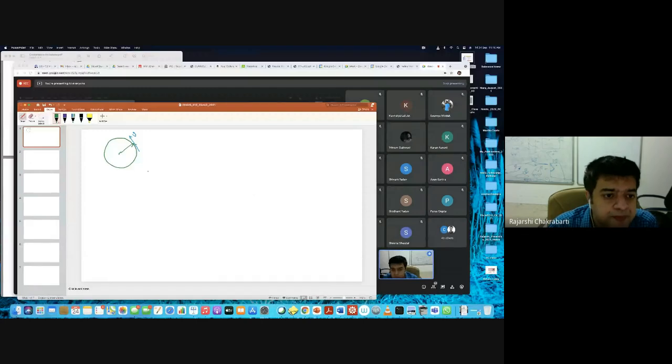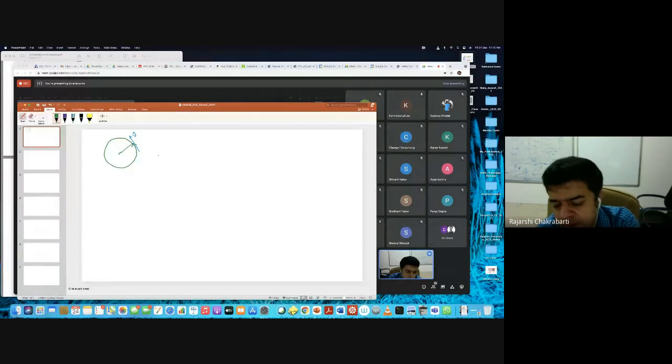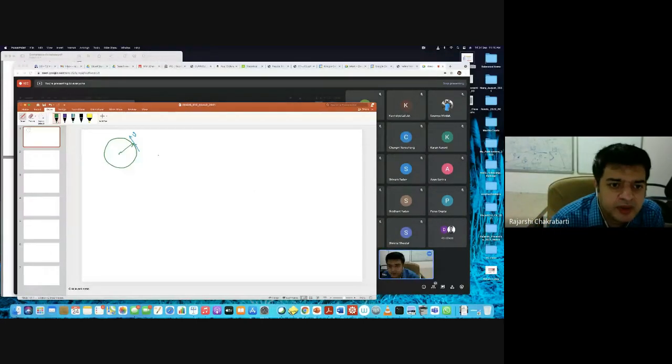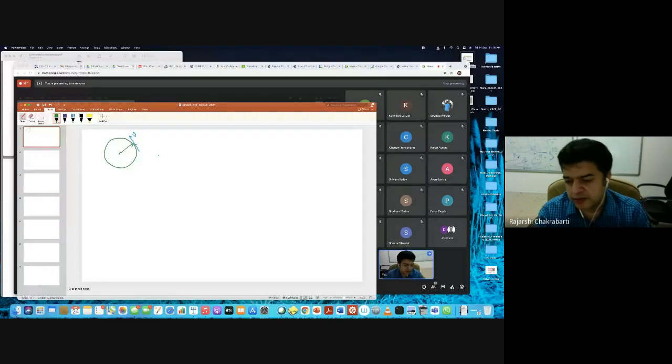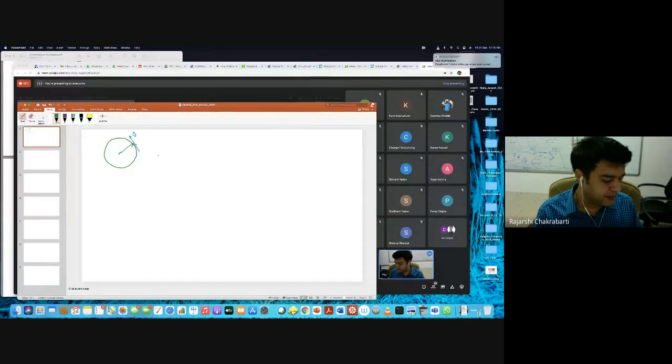Anyways, so this is a charged particle revolving in a circular orbit. And you know from physics that if you have a charged particle doing orbital motion, then you have some magnetic moment. This is from your school physics, isn't it?